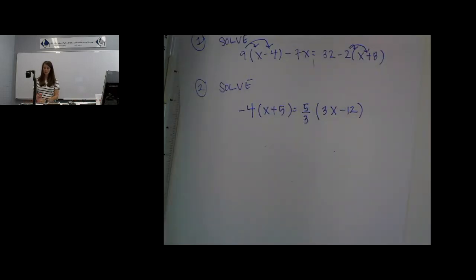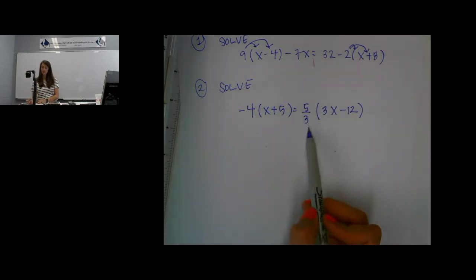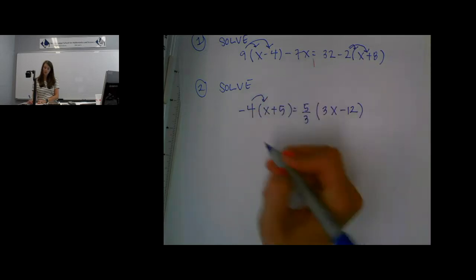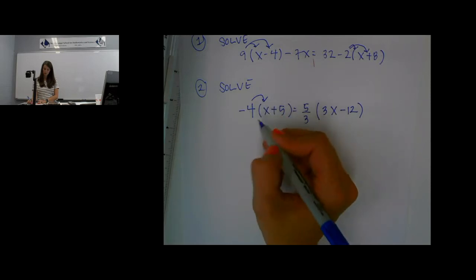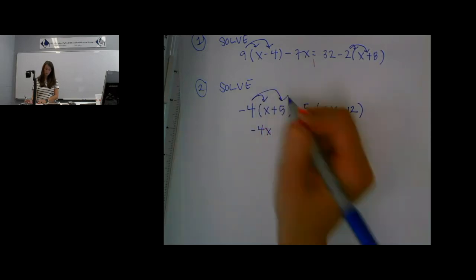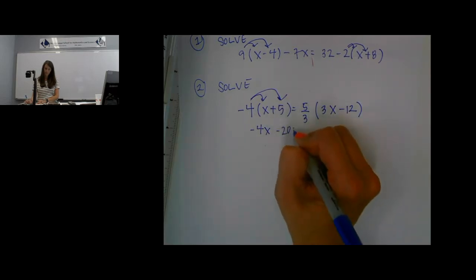All right, let's look at the second one here. So the second one was negative 4 times (x plus 5) is equal to 5/3 times (3x minus 12). So same thing. First thing I need to do is to distribute. So negative 4 times x is negative 4x, negative 4 times 5, which is negative 20.